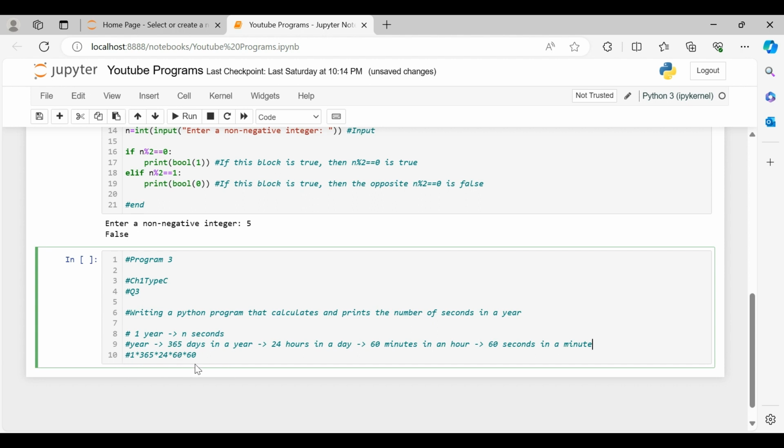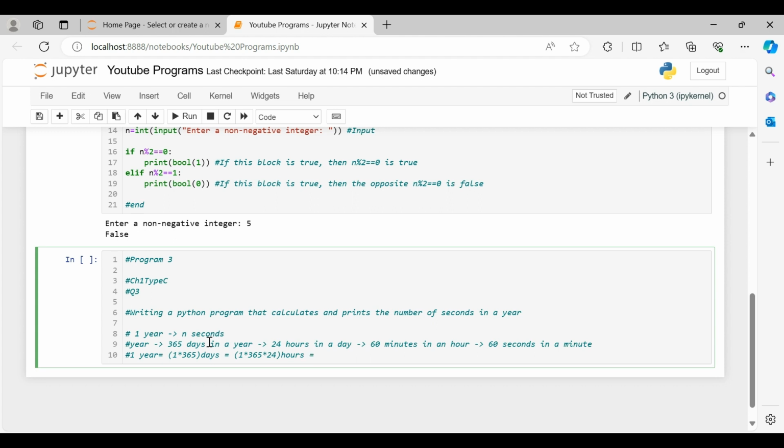Now this may seem very simple, but we can also look at it with units to make a lot more rigorous sense. So 1 year is equal to 1 times 365 days. This is equal to 1 times 365 times 24 hours.